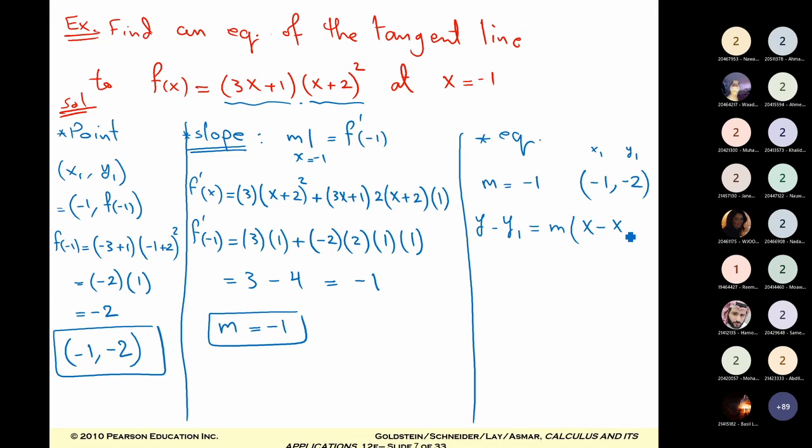So we have y plus 2 equals negative 1 times (x plus 1). So y equals negative x negative 1 minus 2. So y equals negative x minus 3.